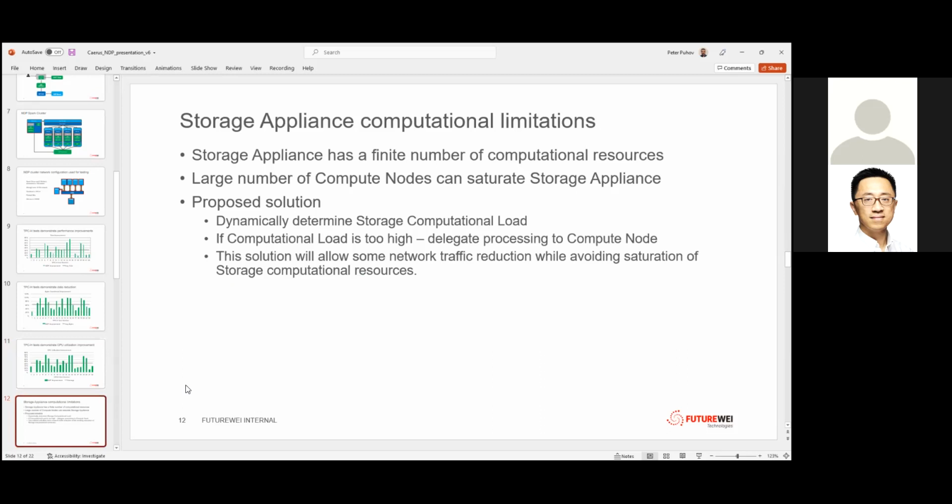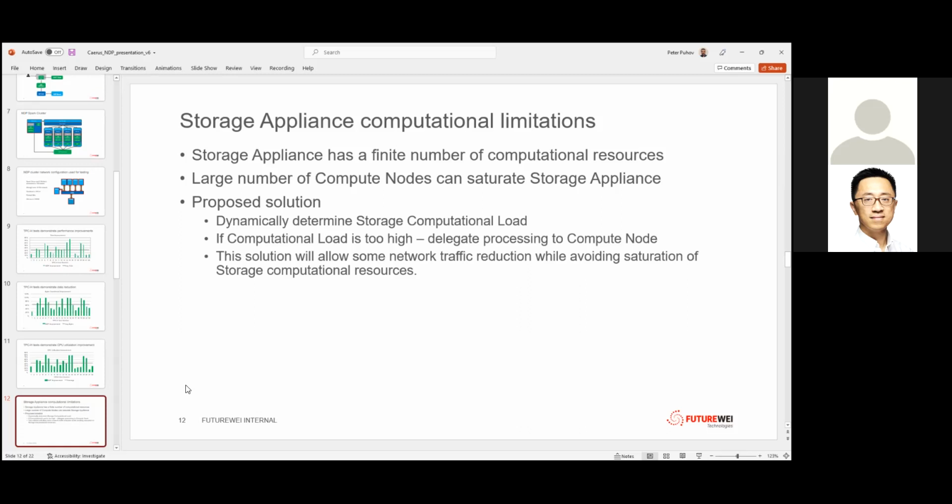Okay, now the problems. The biggest one is the storage appliance's computational limitations. Again, storage has only a finite number of CPUs, memory, and so forth, and a large number of compute nodes can just saturate those resources.